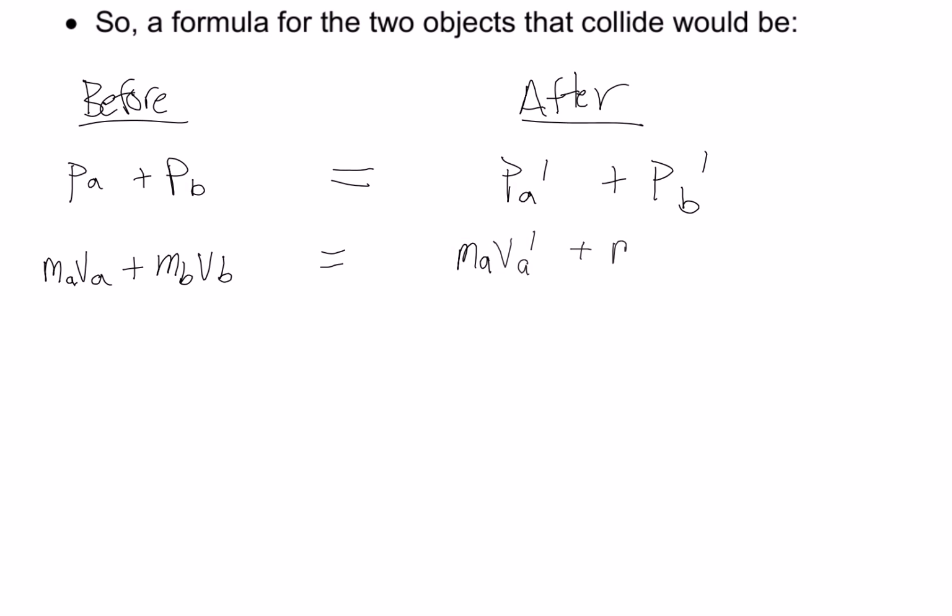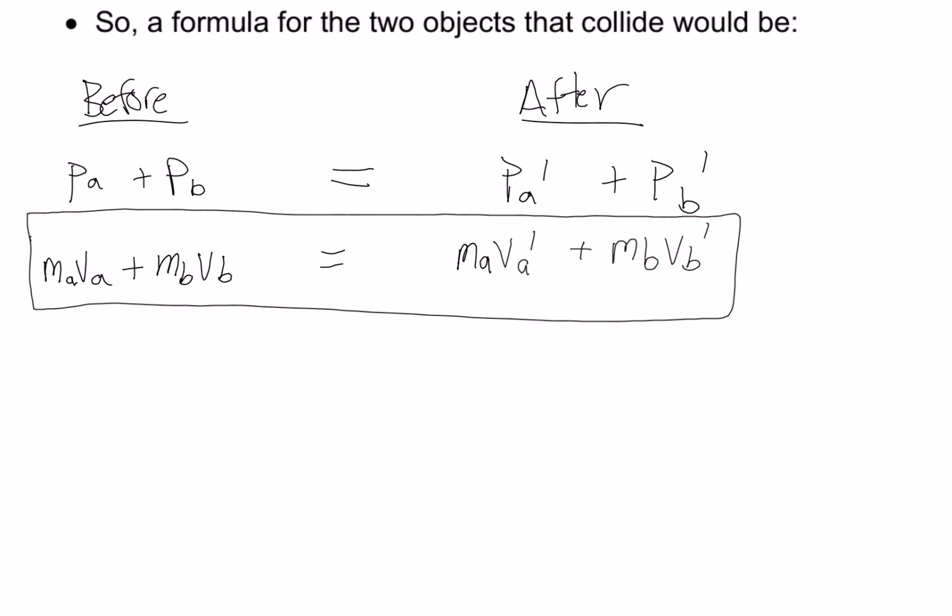Then we have the mass of B and velocity of B. That's basically how we're going to deal with these kinds of questions. You're going to use either one or both of the formulas. Usually we use the mass and velocity one, that's the most common, because typically the questions are going to be asking things like, what is the final velocity of object A, or something along those lines.